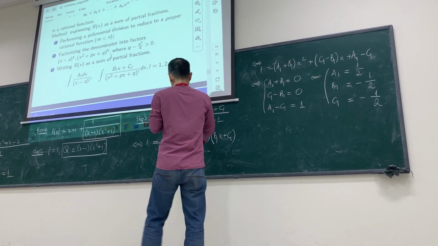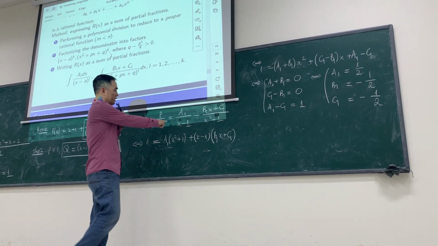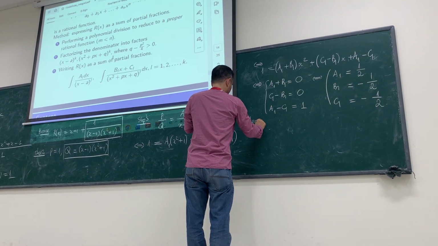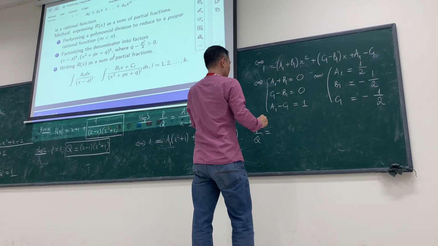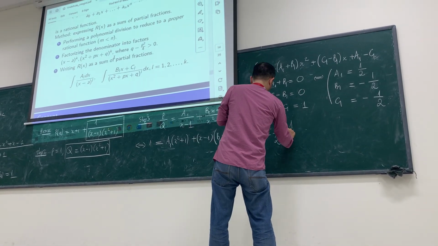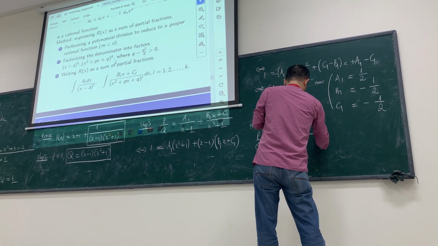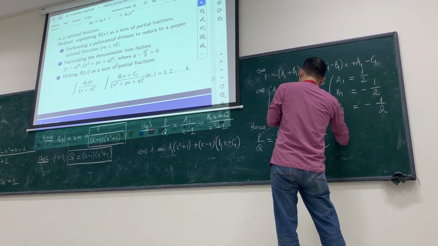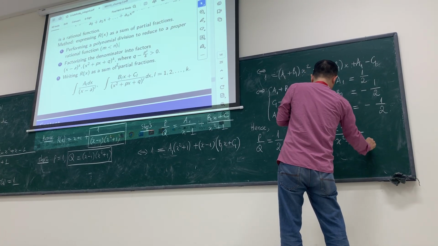From here we can express the proper rational function as the sum of partial fractions. We can express P over Q as equal to 1 over 2 times 1 over (x minus 1), minus 1 over 2 times (x plus 1) over (x squared plus 1).